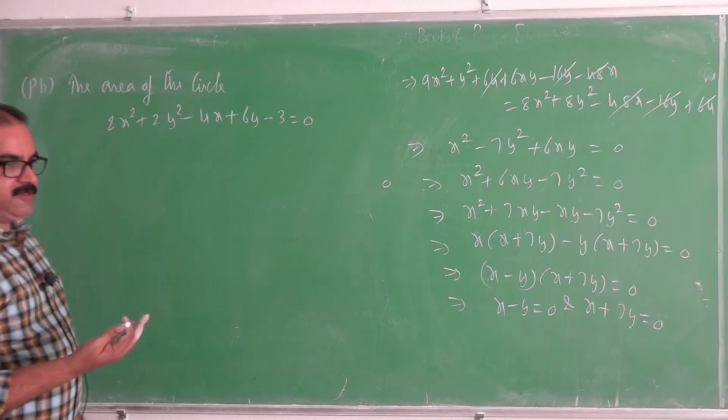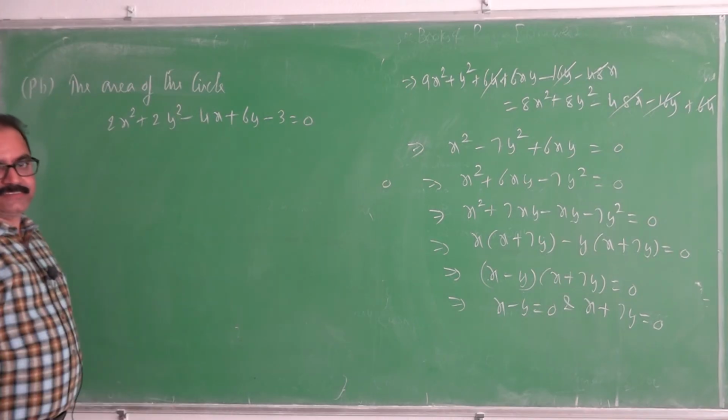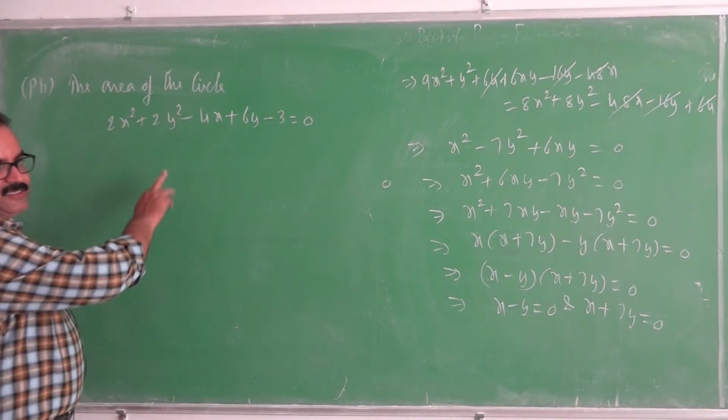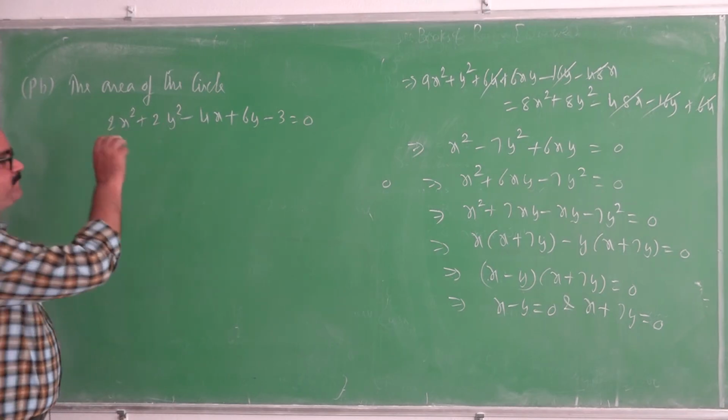What is the formula to find the area of any circle? Pi into r square, where r is the radius of the circle. So first find the radius of this circle.